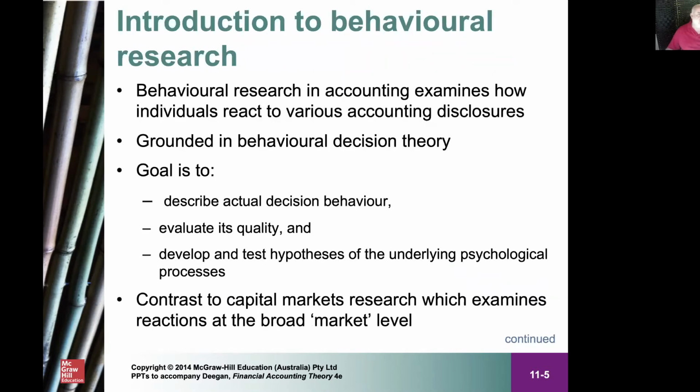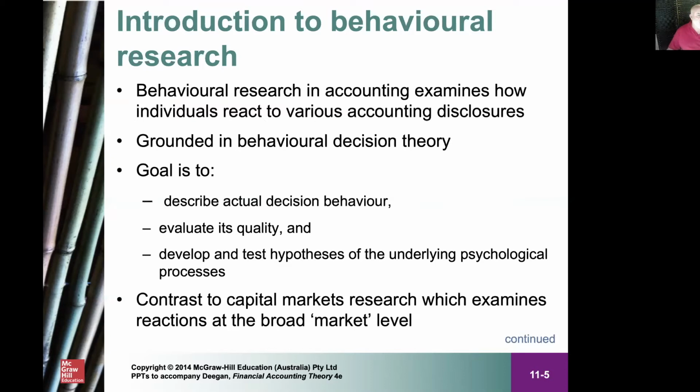So behavioural research in accounting examines how individuals react to various accounting disclosures. And it's based on what we call decision theory or behavioural decision theory, which has been used in psychology and those sort of things for a number of years. So the goal of this behavioural research is to describe how people make decisions, evaluate whether they do make good decisions, and then understand the underlying psychological processes.